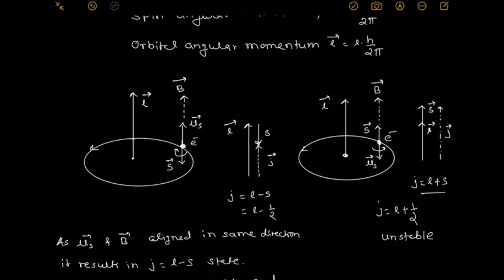In such an alignment, the energy state of the electron is always higher. And if energy is higher, that state becomes unstable. And an unstable state always lies above the stable state.